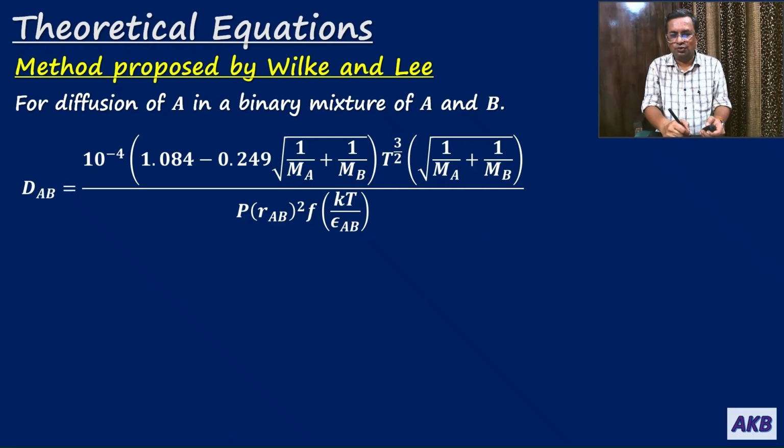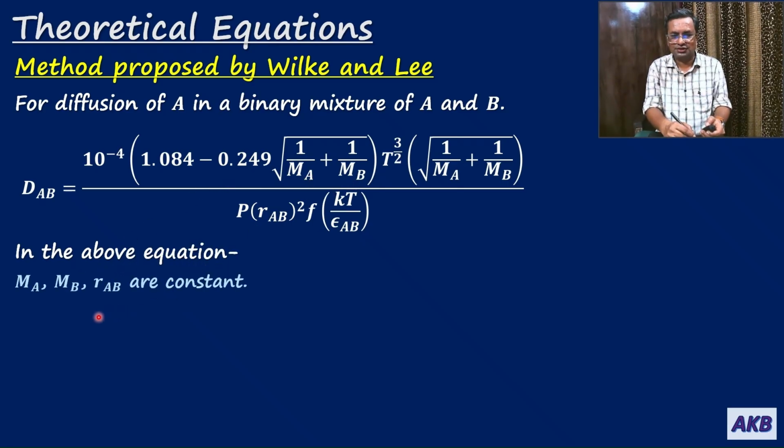Now if you look at this equation, you will come to know that the molecular weights, that is Ma and Mb, are constants. RAB is also constant. So Ma, Mb and RAB in this equation are constant. Therefore, we can say that DAB is directly proportional to T raised to 3 by 2.